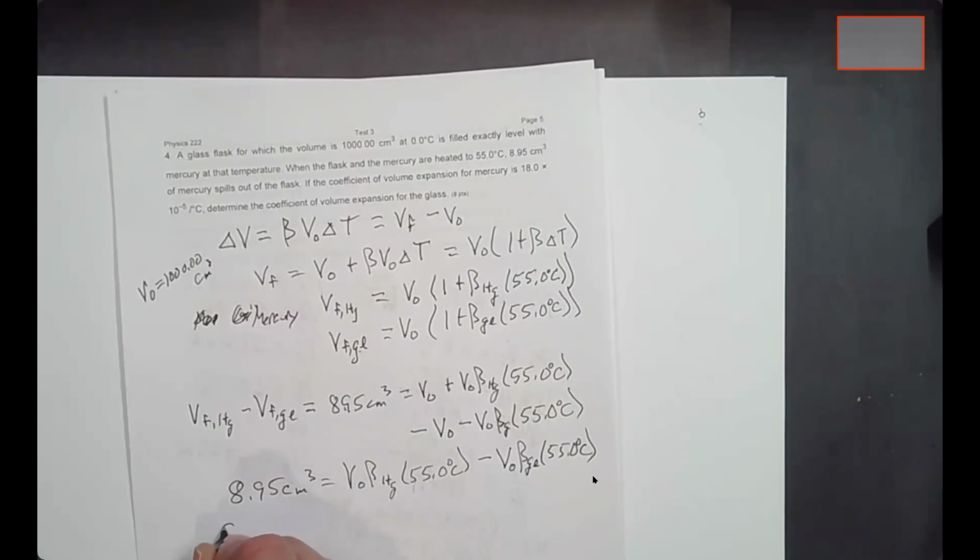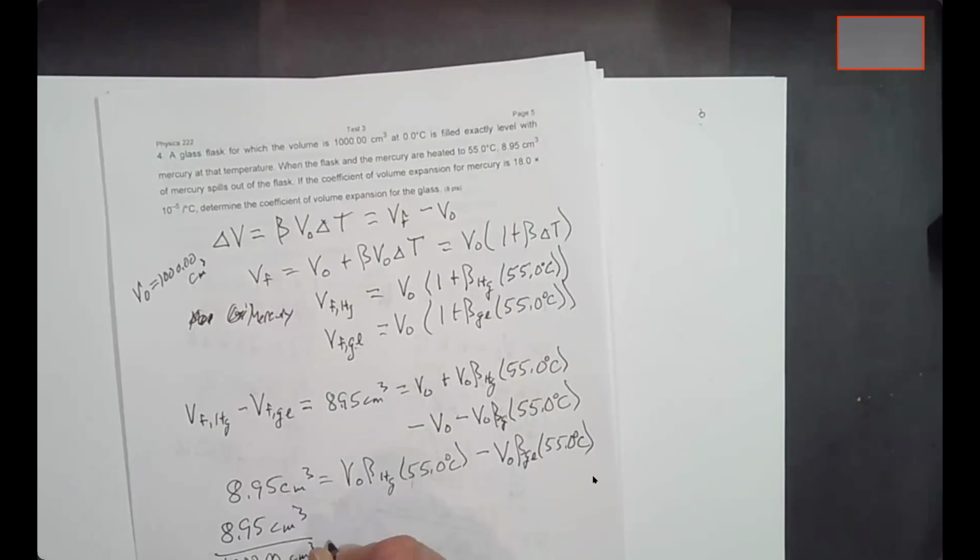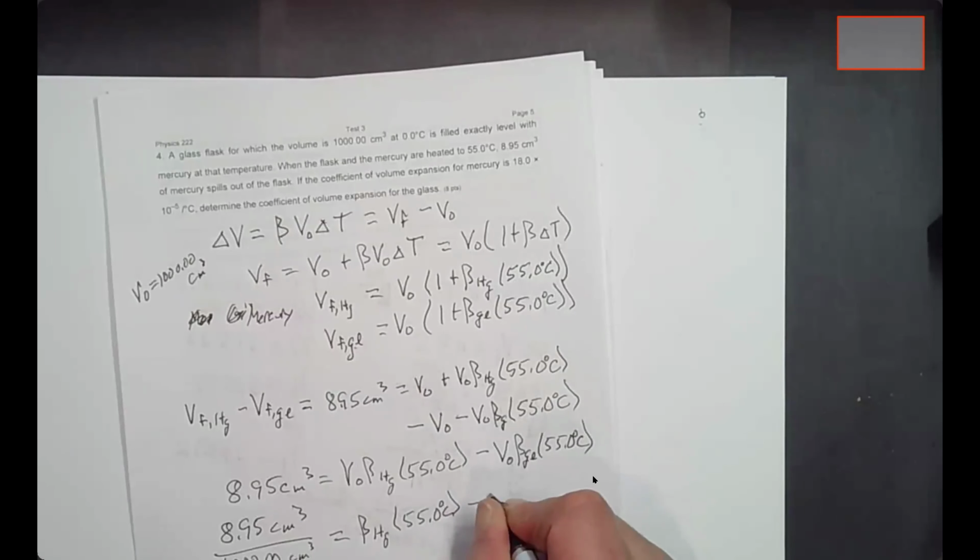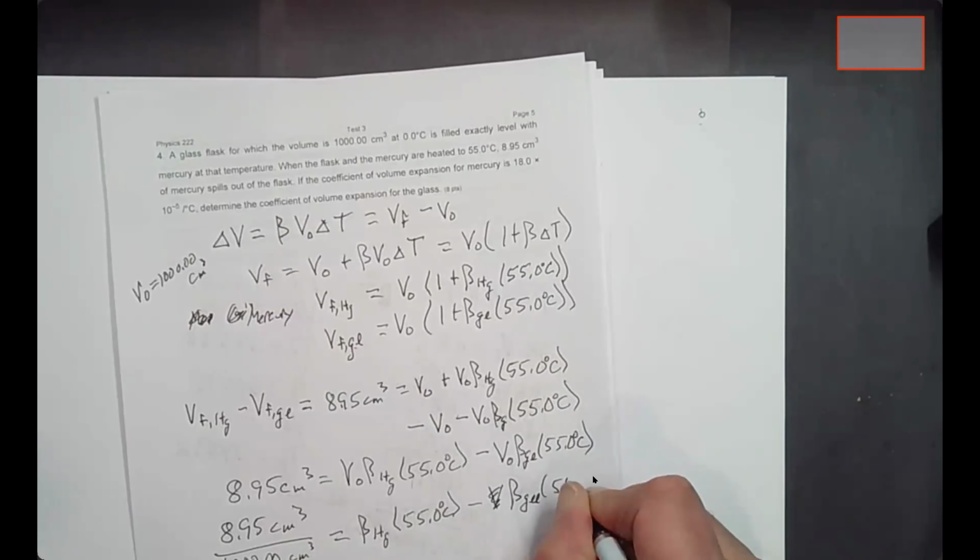So I could divide both sides, 8.95 centimeters cubed divided by 1000.00 centimeters cubed, and those are going to divide out for me. But what's left behind is beta Hg times 55.0 degrees Celsius minus, whoops, no more V naughts, beta for glass times 55.0 degrees Celsius.